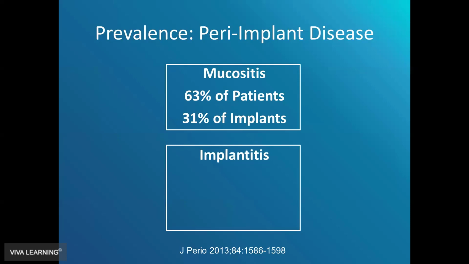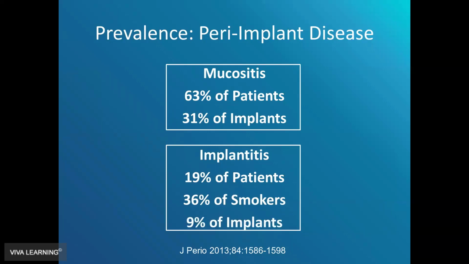As far as peri-implantitis goes, with the bone loss, almost 1 in 5 patients exhibit this. And look at this, double the prevalence in smokers, as if we didn't know that smoking was bad, right? And about 1 in 10 of implants exhibit this. And that might not seem like a huge amount, but if you're restoring a lot of implants or placing a lot of implants, this can be a real problem because it's an extremely difficult disease to treat.